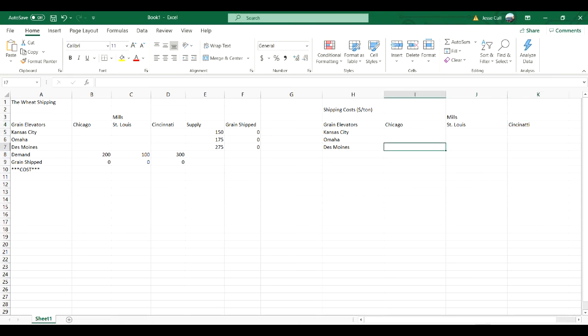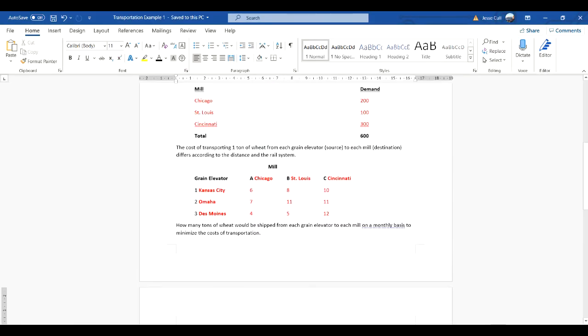Now, all we have to do is enter our numbers from the previous problem. So we have 6, 8, 10, and we can see that right here, 6, 8, 10.